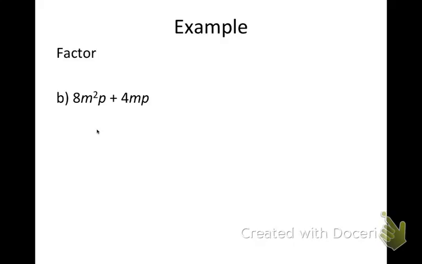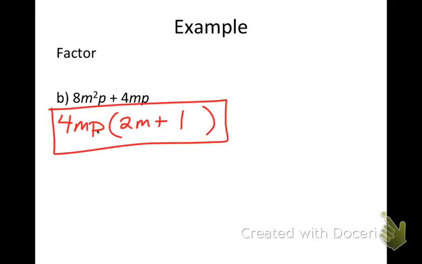Carrie's saying we can take out a 4 and an m and a p. So taking out 4mp would leave us with what? 2m plus 1. Good. My remaining factor inside, is it any of my special binomials? Nope. So I can't do anything else to it, so I am done.